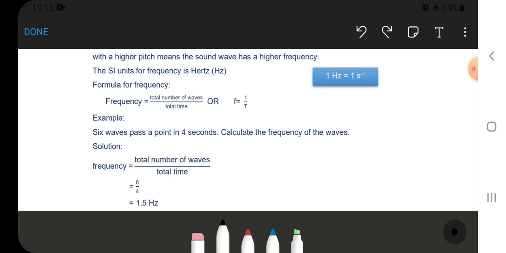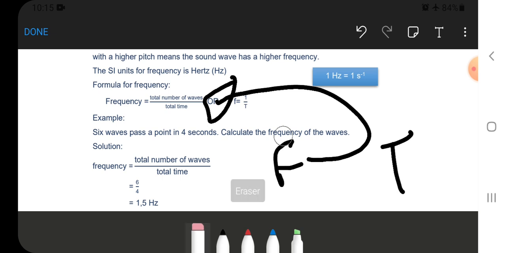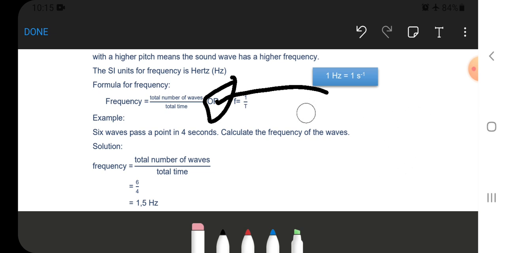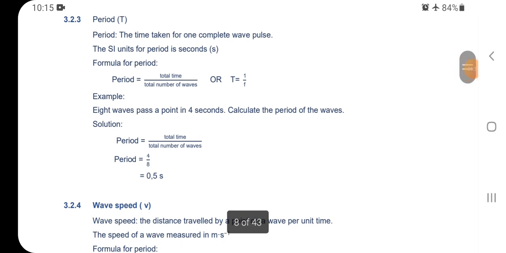So F is this one, but T is the opposite of the F. So when we want T, what was at the bottom for F will be on top, and what was on top for the F will be at the bottom for the T. As you can see here, period and frequency are opposites of each other. And then when we're looking for time, you can see time or period equals 1 over frequency.